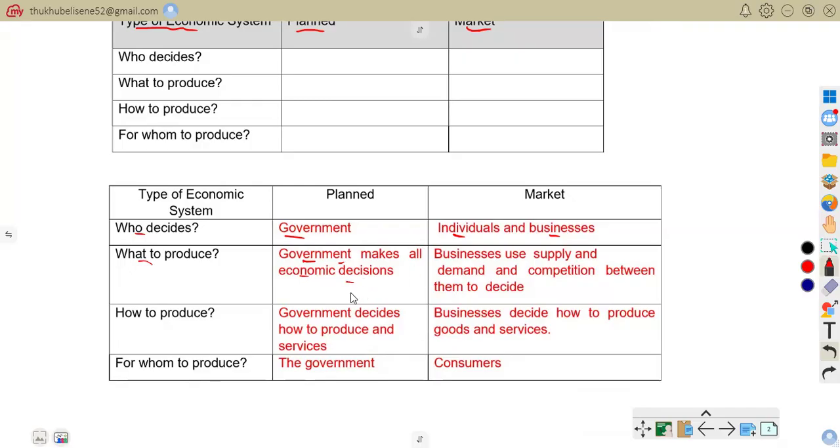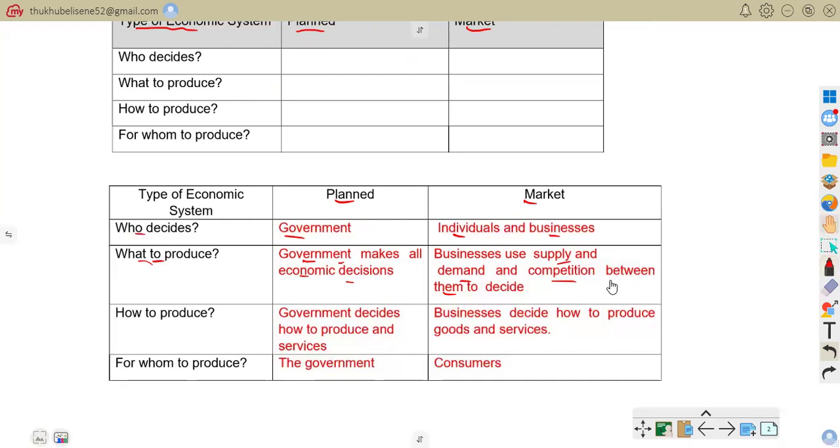But when it comes to the market, businesses use supply and demand and competition between them to decide. For example, if people want more phones, businesses produce phones. So that's what it means when you're talking about what to produce.